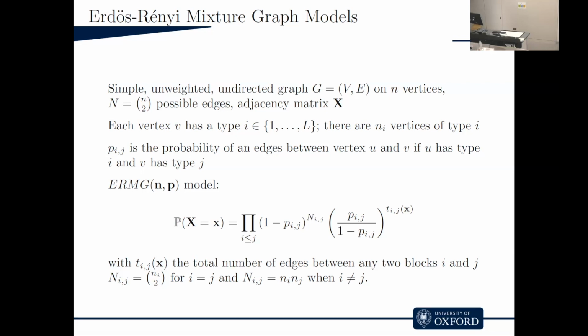Here N_ij is the number of possible edges between vertices of type i and j, T_ij is the number of edges in the observed network X, and p_ij is the probability of an edge between a vertex of type i and a vertex of type j. Again, we are considering a simple undirected graph with no self loops, no multiple edges, and the vertices are all labeled.